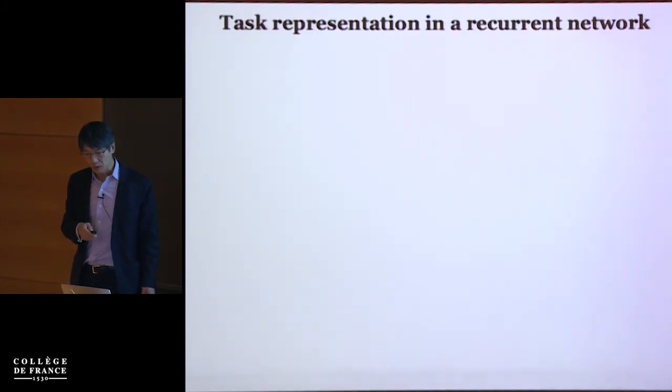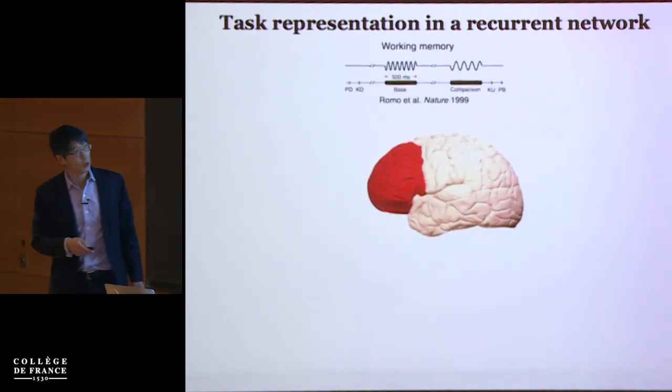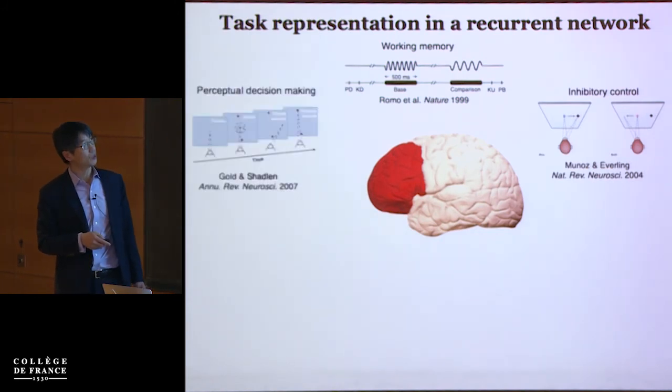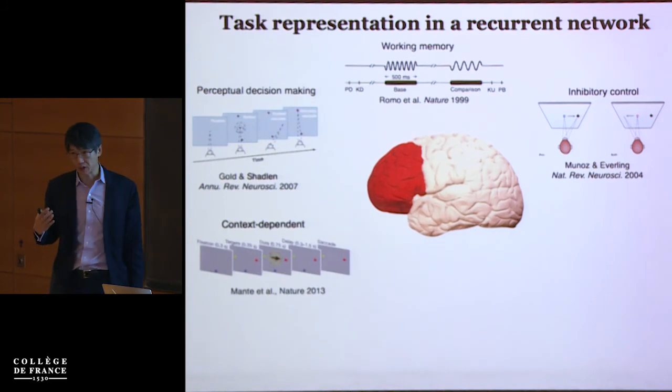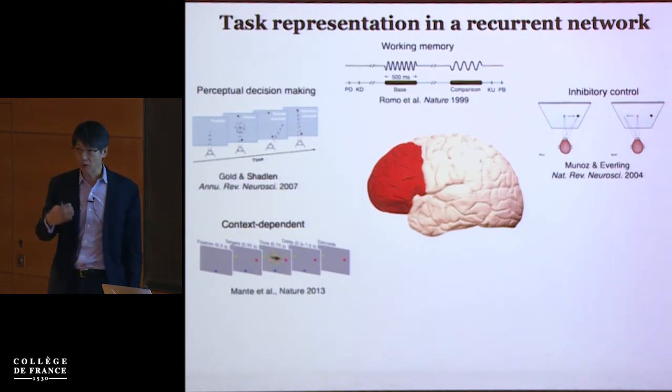Just to tell you a little bit about how we use this approach to look at something about multitasking. The inspiration is that prefrontal cortex is good for not just one thing, but many different things. I explained working memory, inhibitory control that I described last time, perceptual decision-making, and context-dependent decision-making, in which you again show a display of random dots, but the dots are in color.